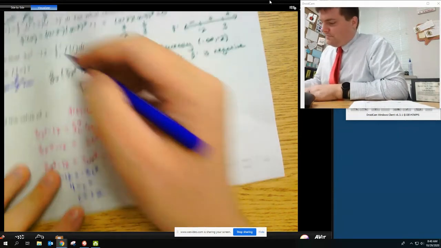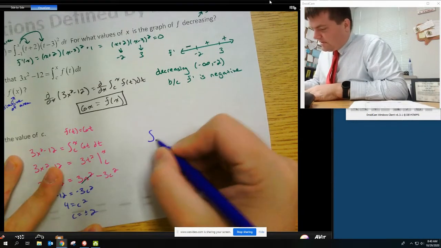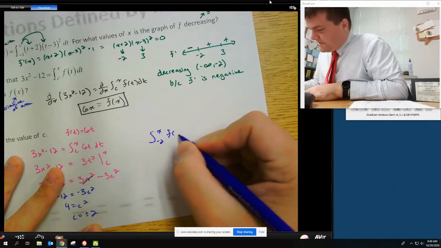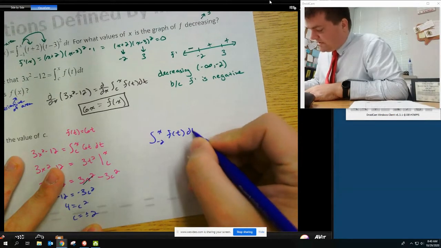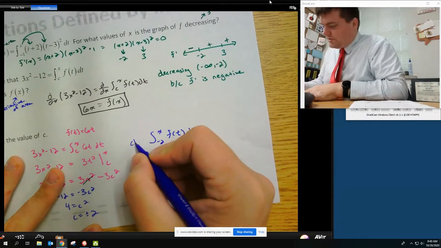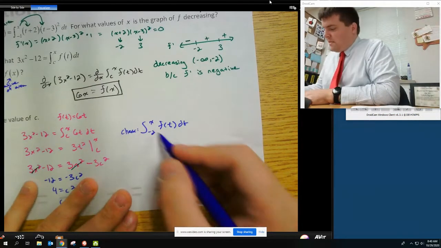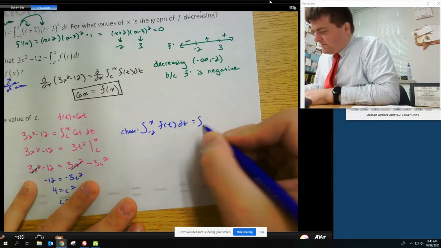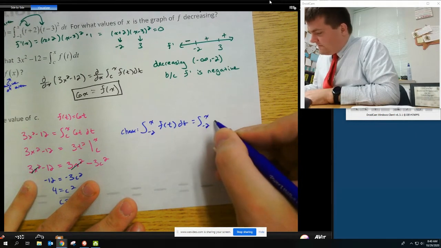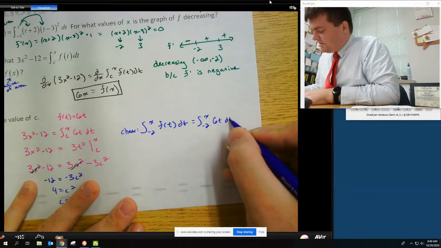So if you integrate from negative 2 to x of f of t dt, this is just our check work. This is the same thing as integrating from negative 2 to x of 6t dt.